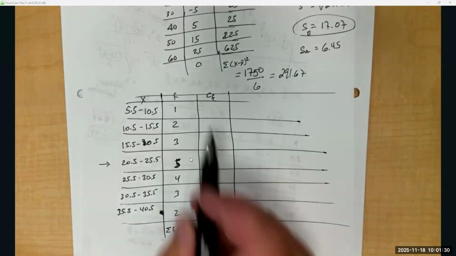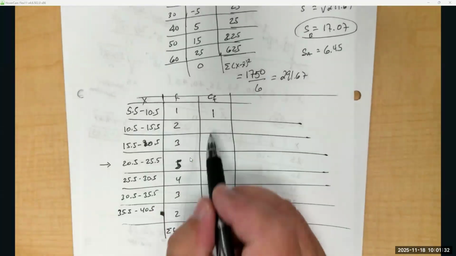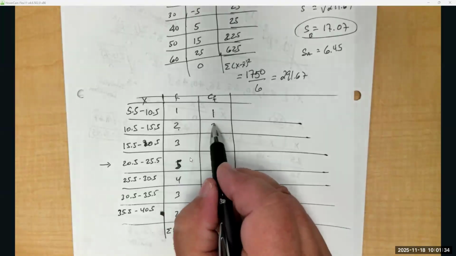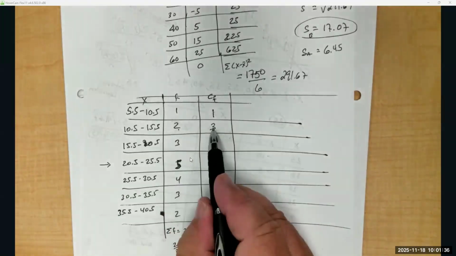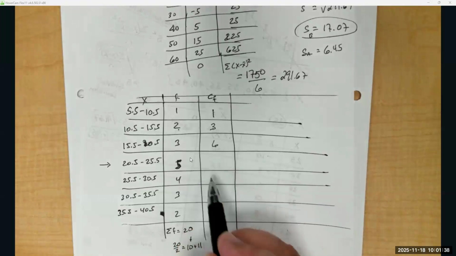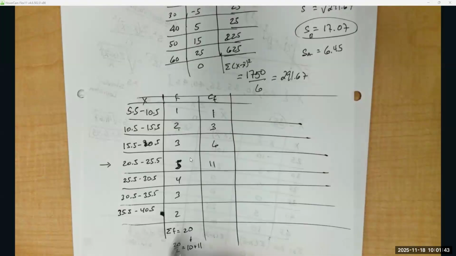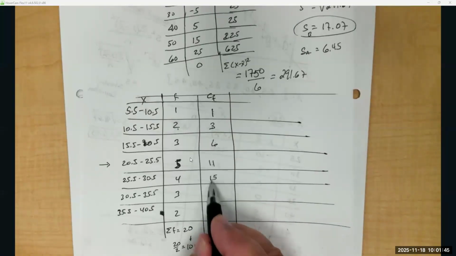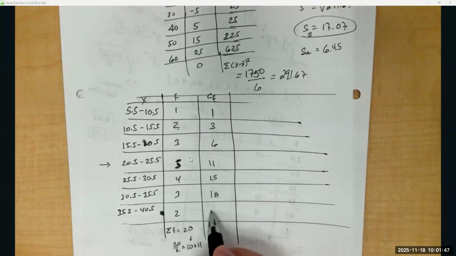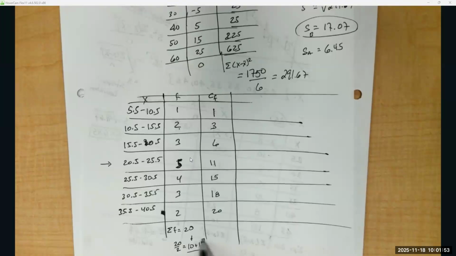It's a running total. So the first set has 1. Then we add 2 more, we now have 3. Now we add 3 more, we have 6. Now we add 5 more, we have 11. Add 4 more, we now have 15, then 18, and then 20. So where are the 10th and the 11th numbers?